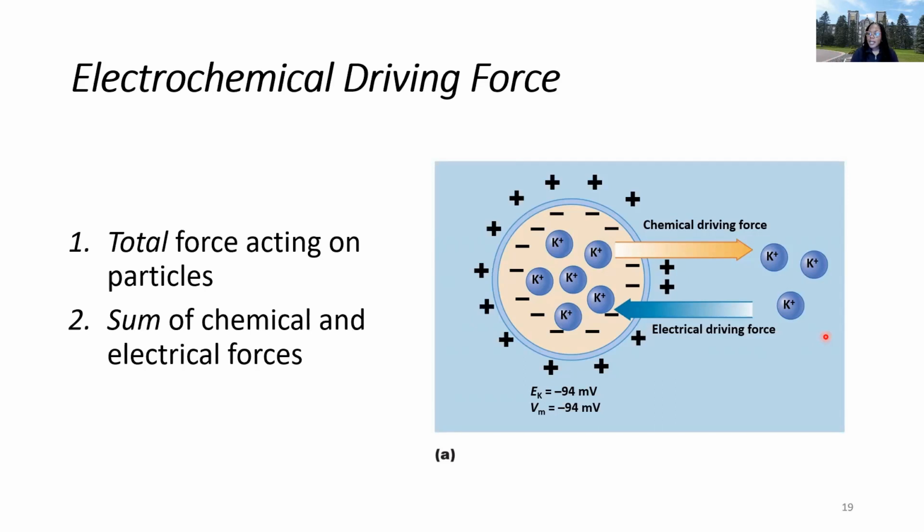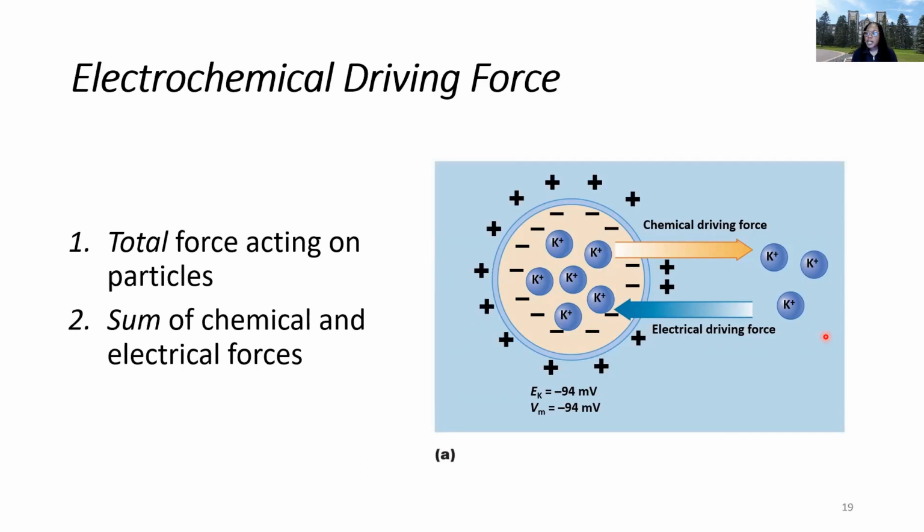So we can already see that if we were looking at these two forces separately, the particle would move in two different directions. In actuality, we know that that's not true. We know that what we have to do is combine the two forces, literally add them together, and then determine the overall direction in which both of these forces acting on potassium would actually move potassium.